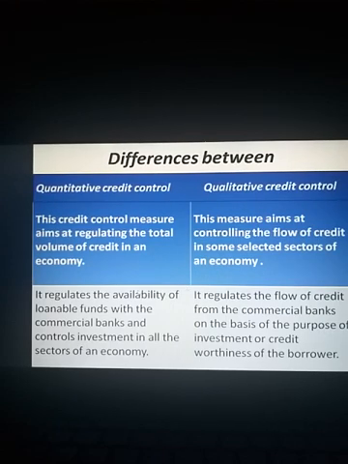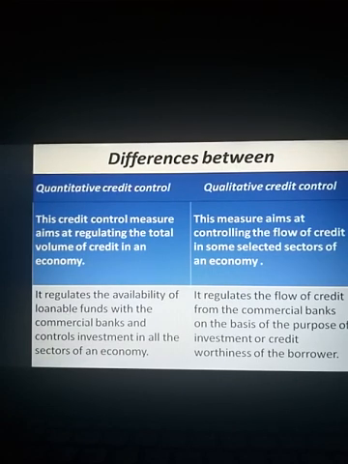Come to point 2. It regulates the availability of loanable funds with commercial banks. For example, if bank rate is increased, the volume of credit available clearly decreases. Of course, loanable funds also decrease. Suppose bank rate is decreased, vice versa.